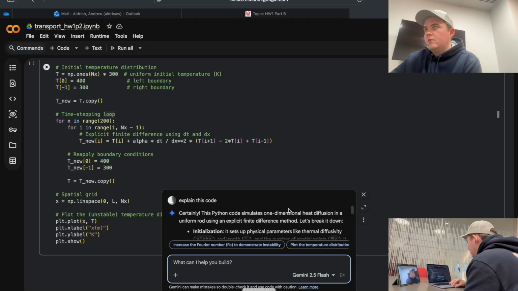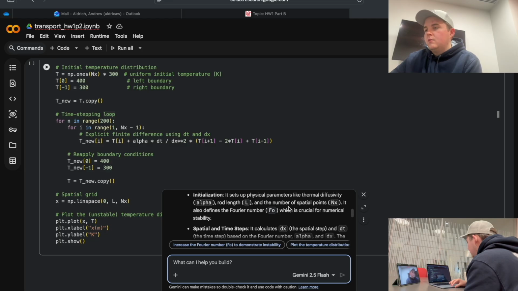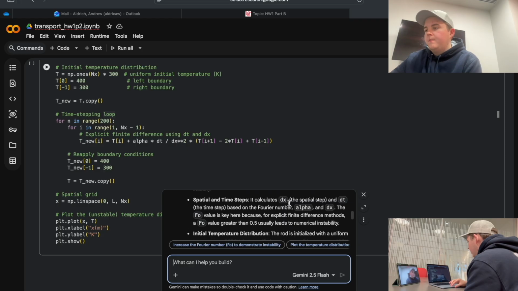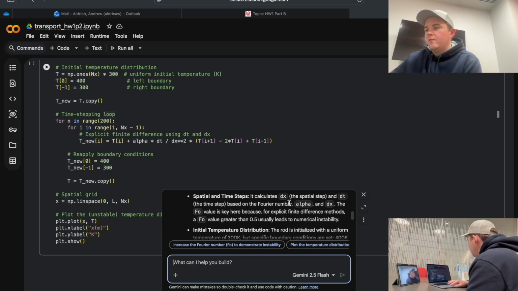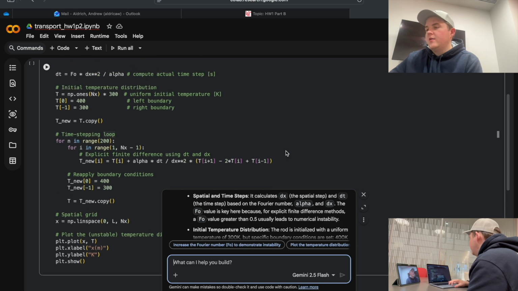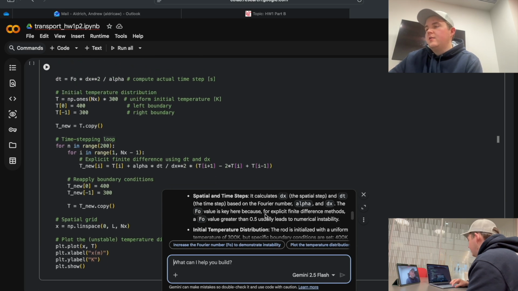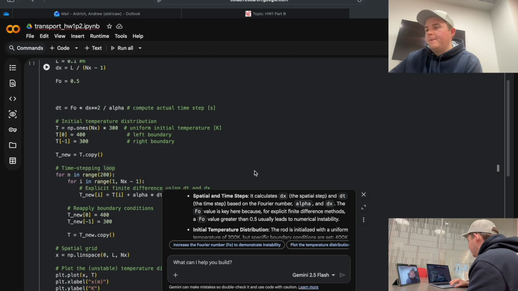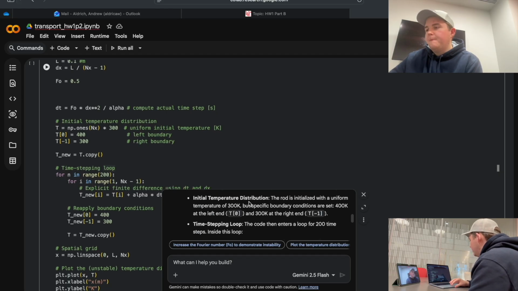Spatial and time steps. Okay, so this is the part I didn't understand too well. It calculates dx, the spatial step, and dt, the time step. There we go, time stepping loop, okay.